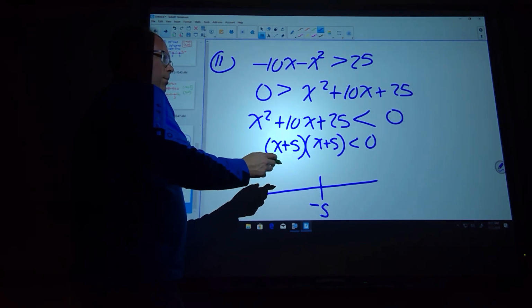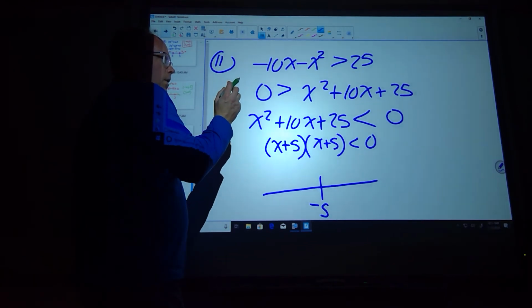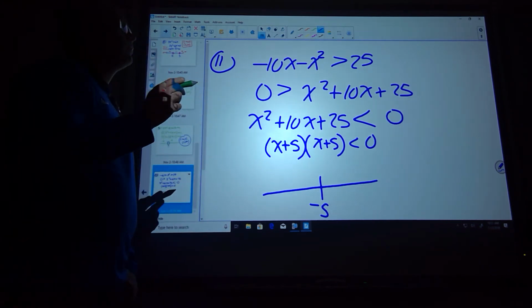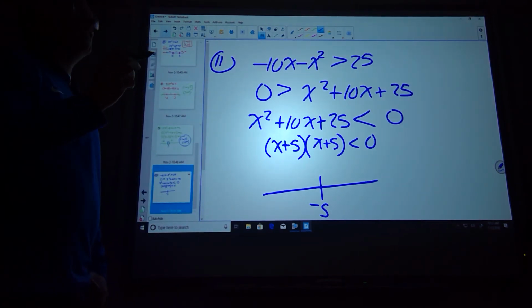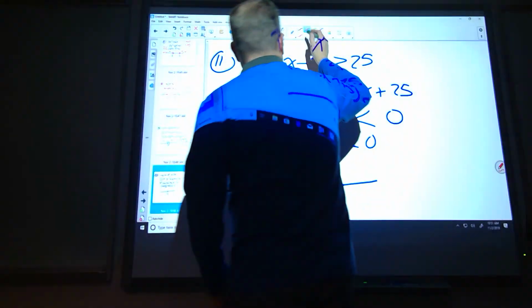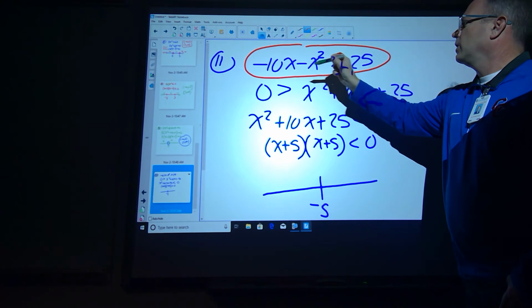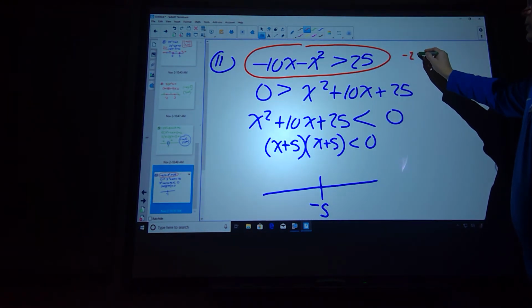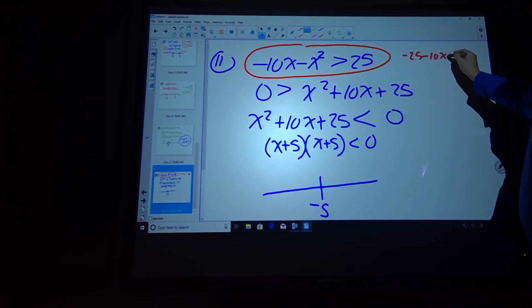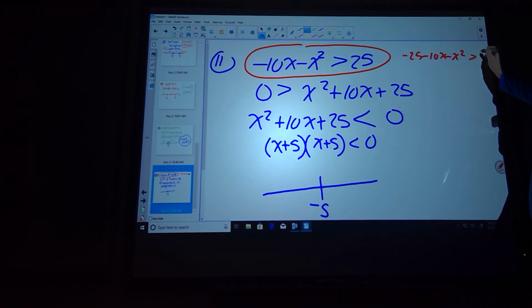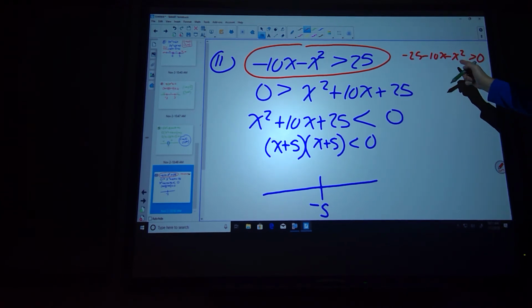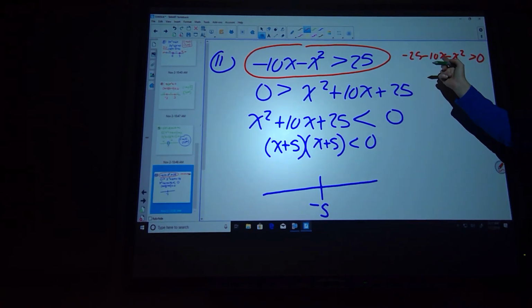But here's the problem. No values. There are two different ways to look at this problem. If I were to have solved this to be this, what kind of parabola is this?